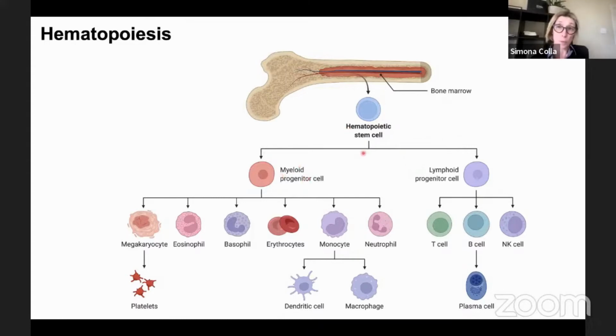From the progenitor compartment, you get all the cells in the blood: platelets, erythrocytes, macrophages, plasma cells, T cells, B cells. But how disease affects the stem cell is fundamental to understanding the mechanisms of leukemias and bone marrow failure.